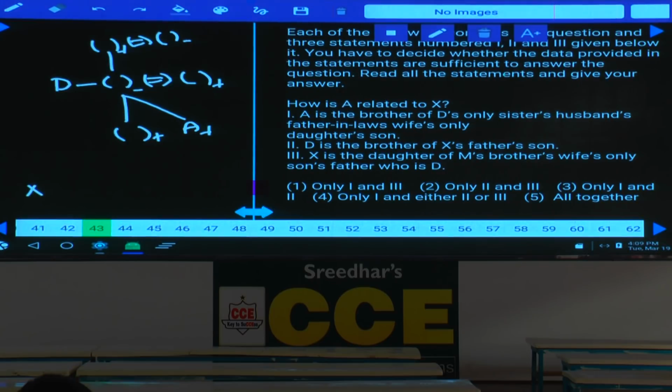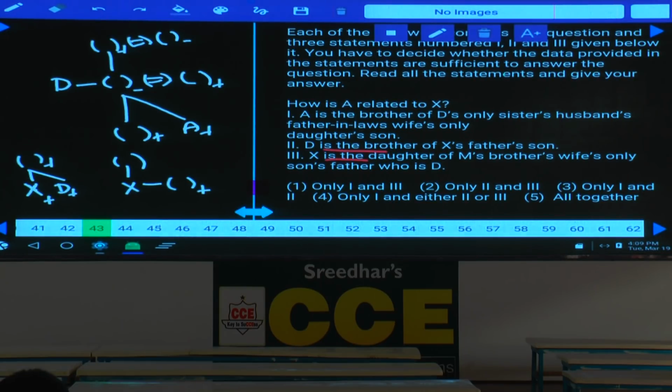X is having a father, and the father's son. Who is that person? The father's son can be X or the brother of X. As of now, we cannot determine either X or X's father, and this person can be the son. Another two possibilities. Now 1 and 2: D is the brother of X's father's son, and D is the brother of X.